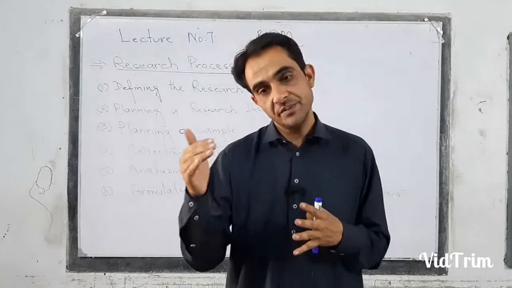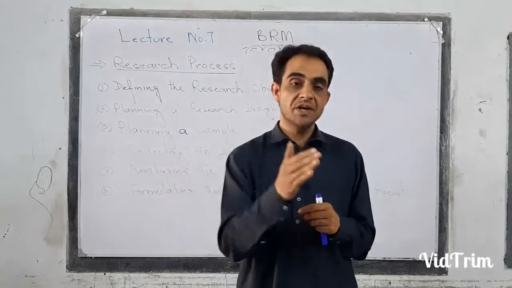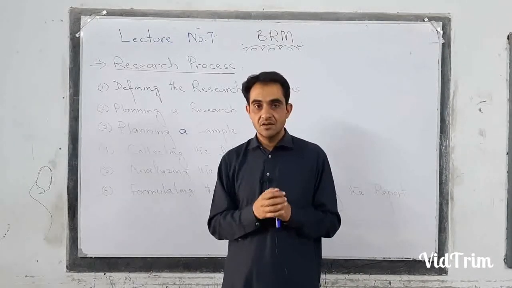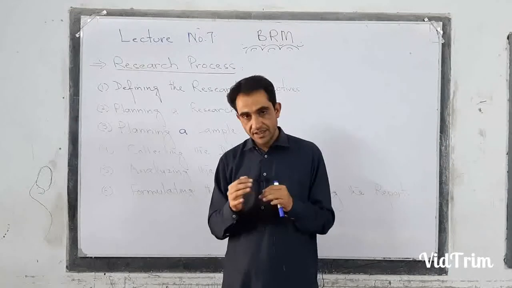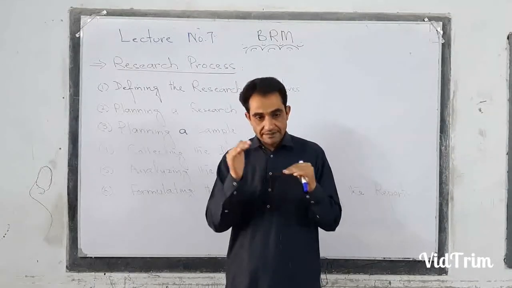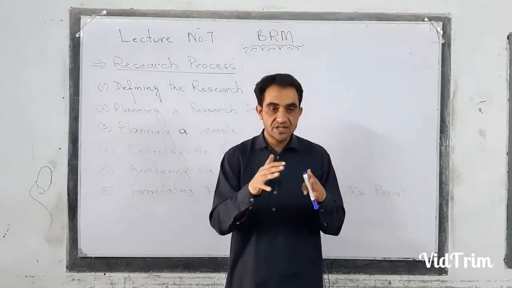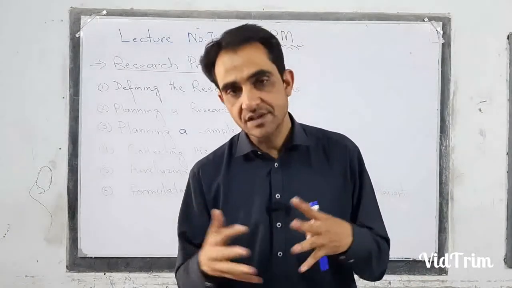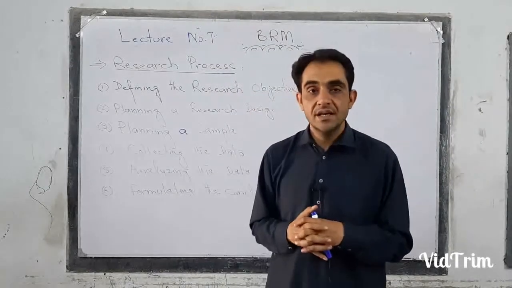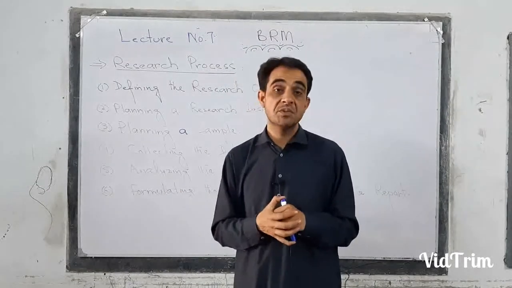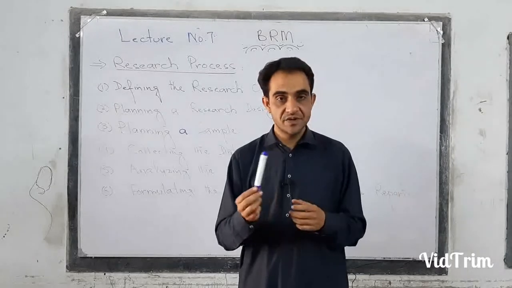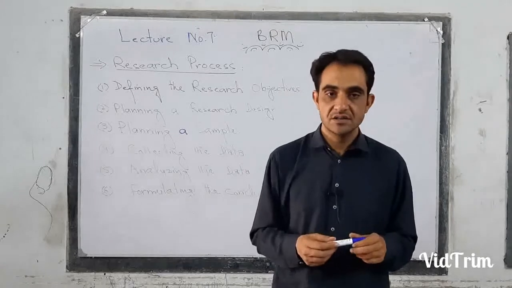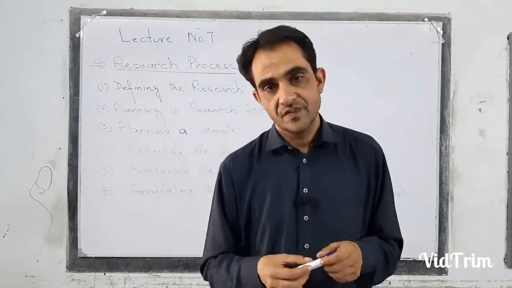Or we can also define primary research from another angle: whenever we are conducting a research to add something to the existing body of knowledge, that is called primary research. Then the second type of research was applied research. When a problem is faced by a specific organization, we were calling it applied research.